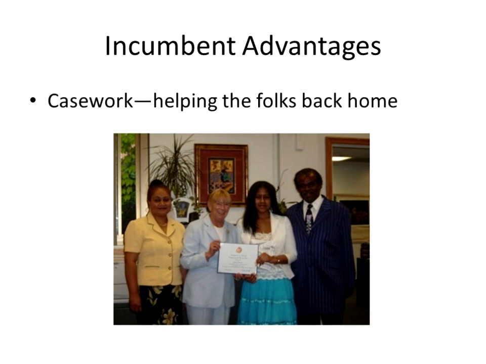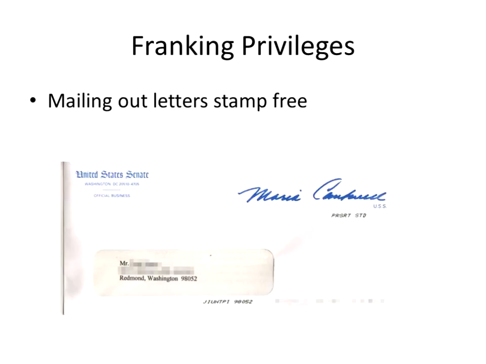But if you're a challenger, you just don't have an opportunity to compete like that. You're not doing the photo opportunity of some high school student, let's say, getting an award. You're not helping someone out with their Social Security check. The incumbent is, and so that's a built-in advantage for the incumbent. The letters are mailed out stamp-free. They're paid for by taxpayers.